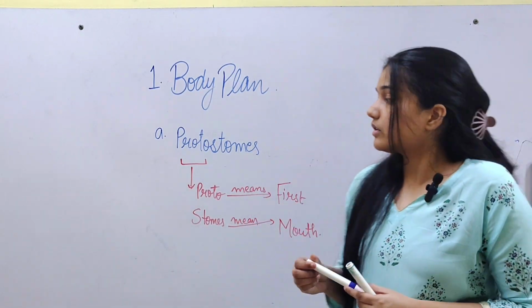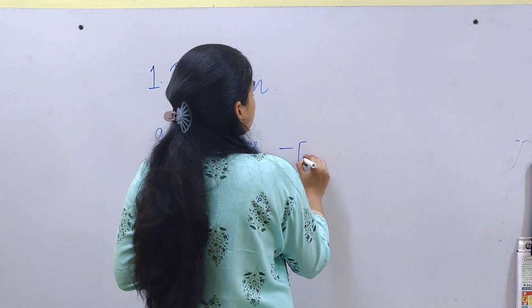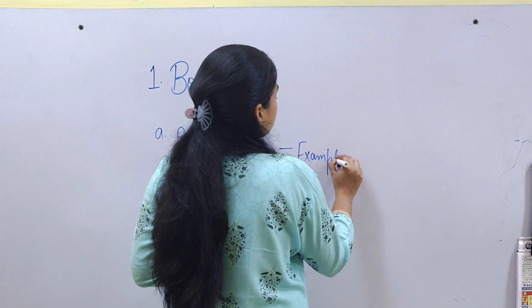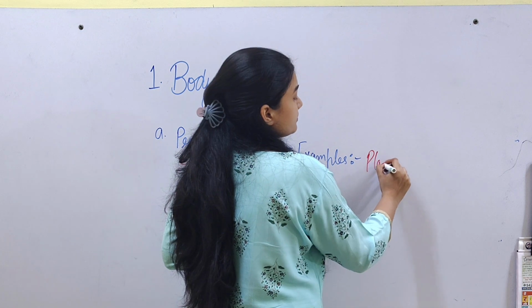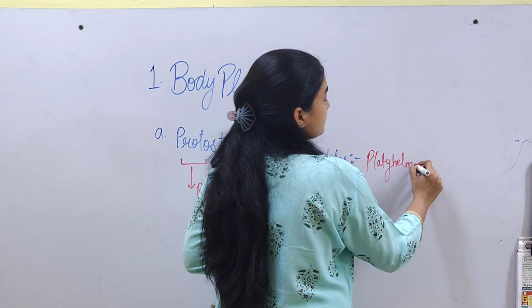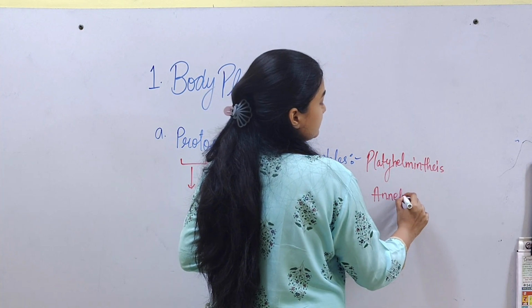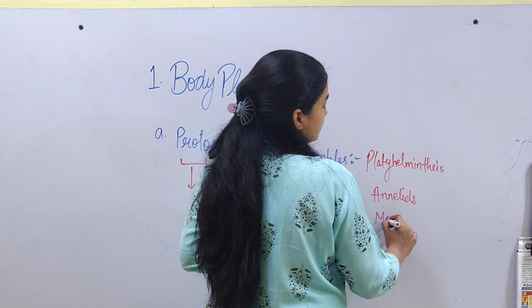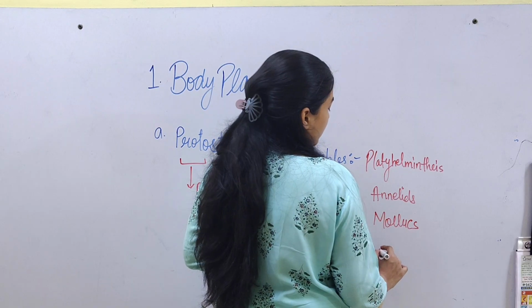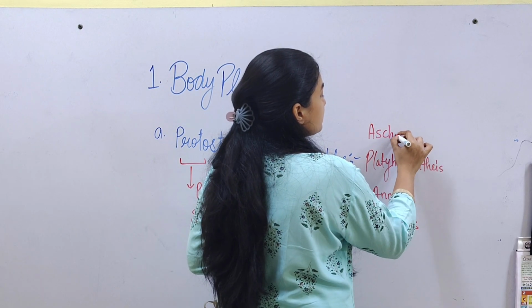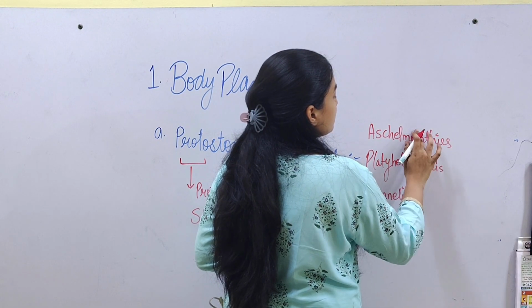The examples of the protostomes are Platyhelminthes, Annelids, Molluscs, and fourth, Helminthes.